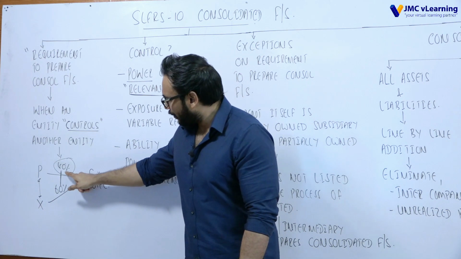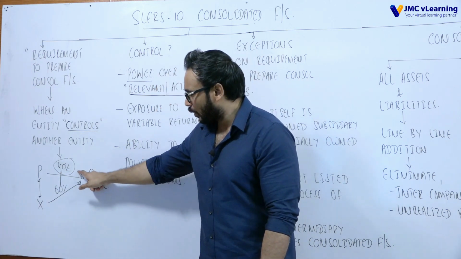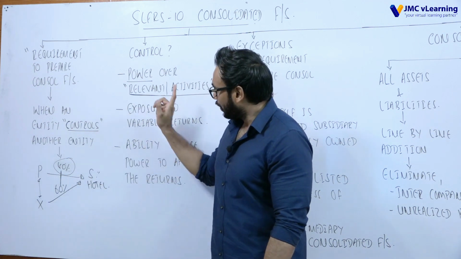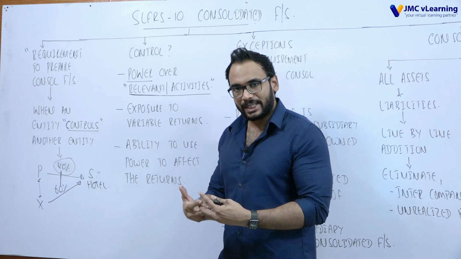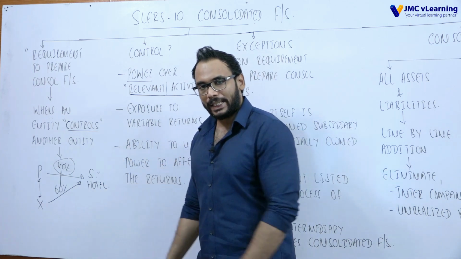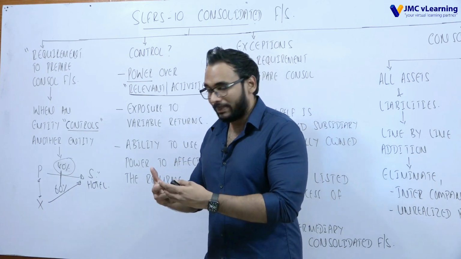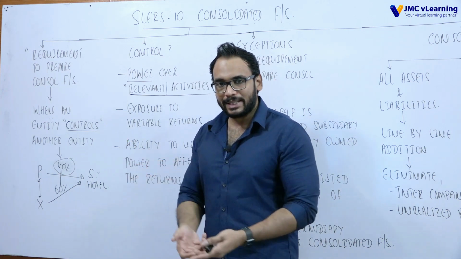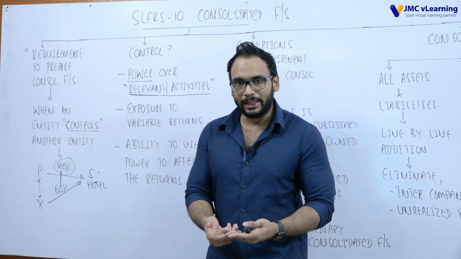But if P had the power to run the operation and has 40% share ownership, then out of the profits the company makes, P will be entitled to 40% of the profit. So if the hotel makes $1 billion profit, P is entitled to 400 million. If the hotel makes 10 million, P is entitled to 4 million.